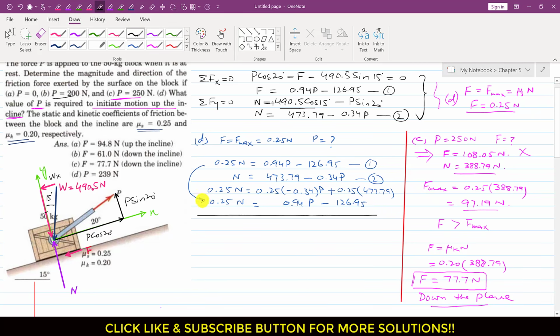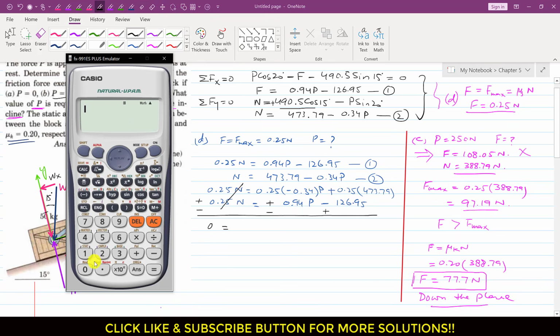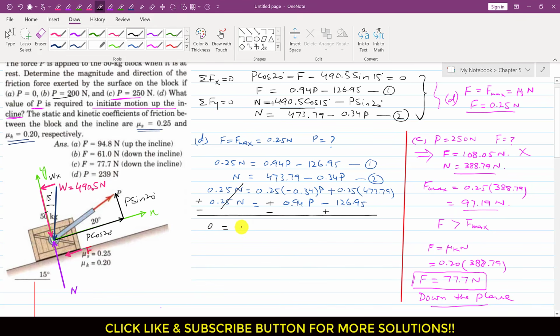If I subtract equation 1 from 2, this sign will change, this sign will also change, and this will also change. So this will become positive, and the n terms will be cancelled out. This is 0. We will add up both these coefficients, so this will be 0.25 into minus 0.34 minus 0.94, so this is minus 1.025p.